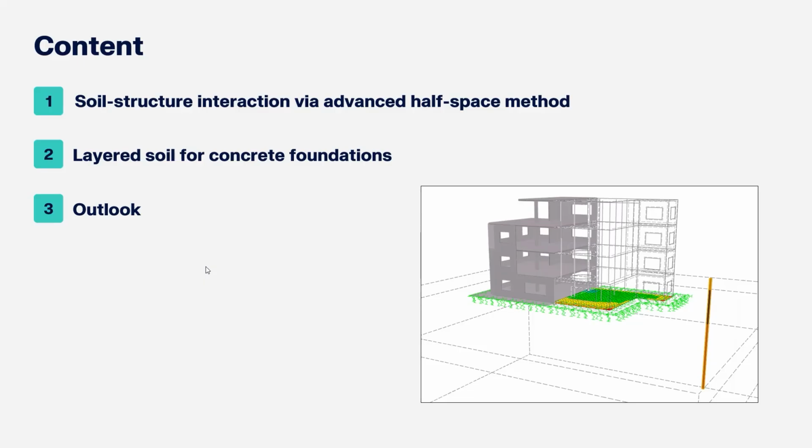In RFEM 6, with the add-on Geotechnical Analysis, we provide, on the one hand, the finite element analysis for soil with specific and advanced soil material models. On the other hand, we provide the advanced half-space method for consideration of soil structure interaction. And this is what we will have a look at today in detail.